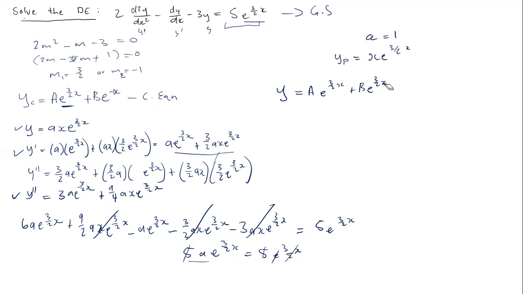Here we have negative x. Okay, let's be careful. We have negative x, plus the particular integral, which is plus x e to the power of 3 over 2x. Therefore, this will be our general solution, unless we have the conditions. Stay tuned for the next upcoming question.